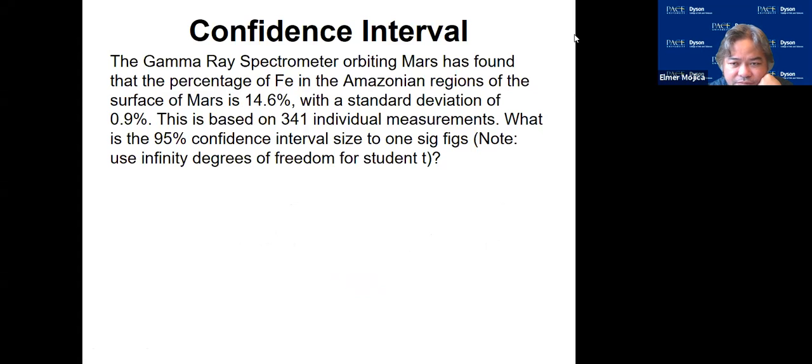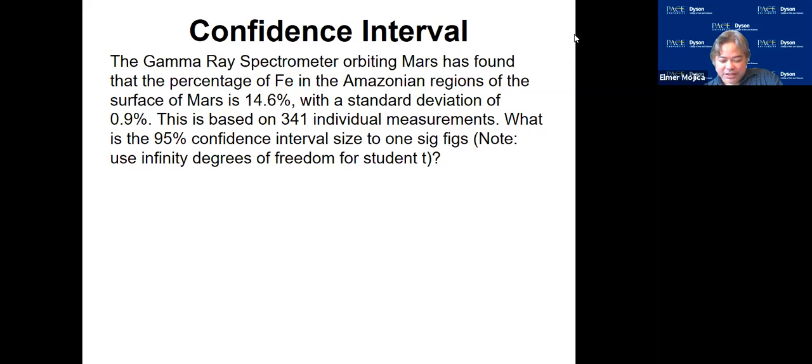It says here, the gamma ray spectrometer orbiting Mars has found that the percentage of iron in the Amazonian regions of the surface of Mars is 14.6%, with a standard deviation of 0.9%. So this is based on the individual measurement. So what is the 95% interval size to one significant figure?